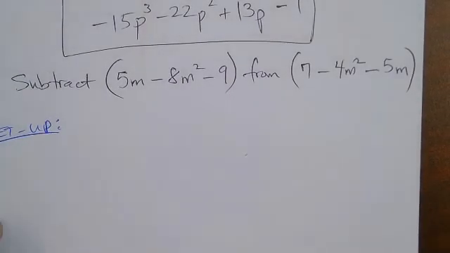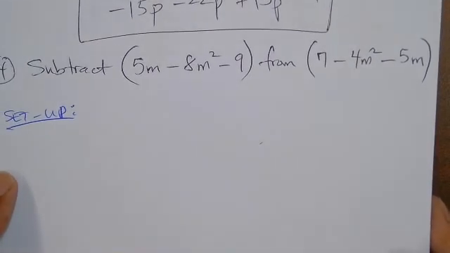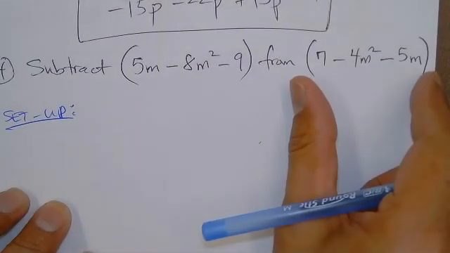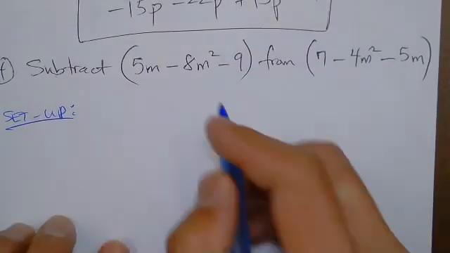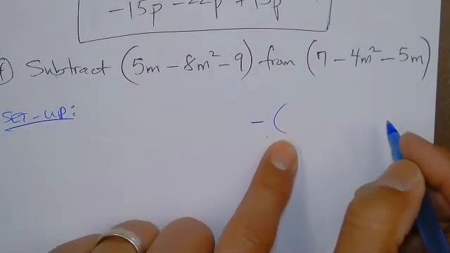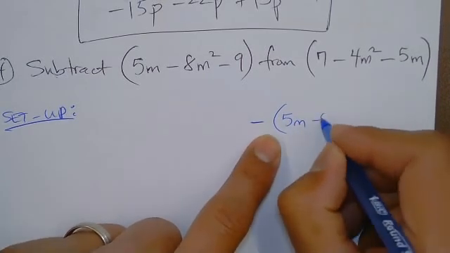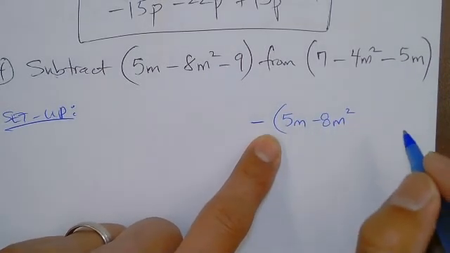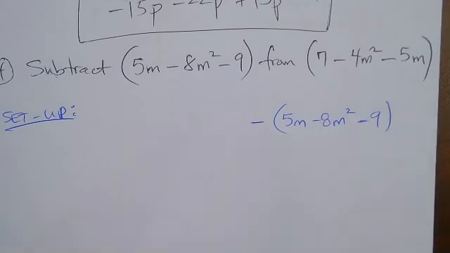Okay, we got to set this up first, because here's where they're going to try to trick you, right? What do I mean by set up? Is it this one take away this one? No. It says subtract this. Subtract this one. This is the one that should be written in the back part. Subtract the 5m minus 8m squared.